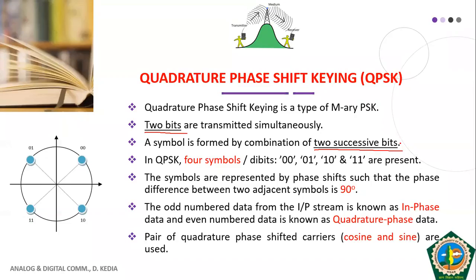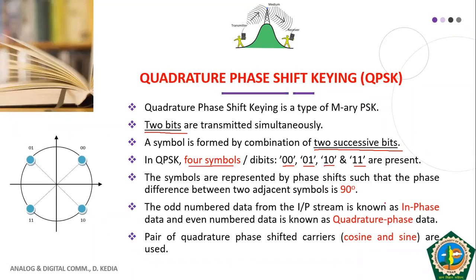From those successive bits, we will consider 2 bits at a time, and those 2 bits will form a QPSK symbol. From the 2 bits, we will have 4 distinct QPSK symbols: 00 or 01 or 10 or 11.